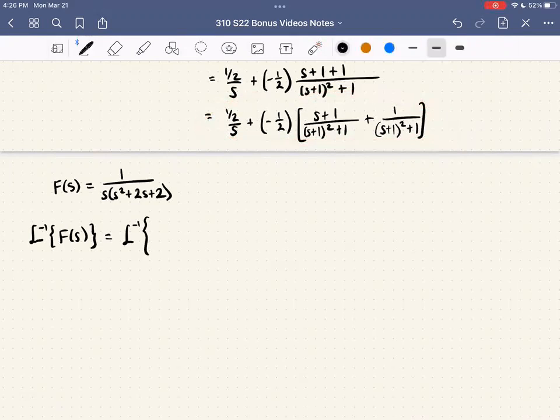We just manipulated things and did partial fractions and moved things around.